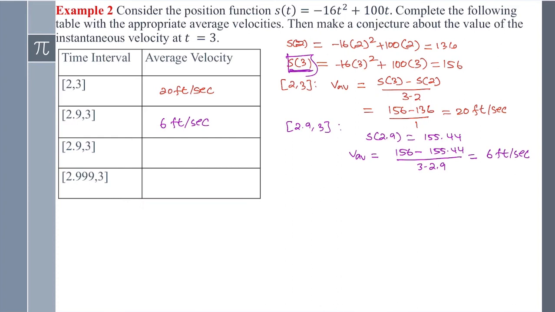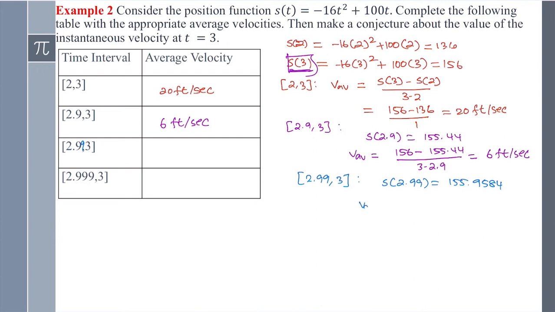Now similarly, let's find it on the next interval, which is 2.99 comma 3. So we have to find s of 2.99. When you plug it into the function and put it into your calculator, you'll get 155.9584.